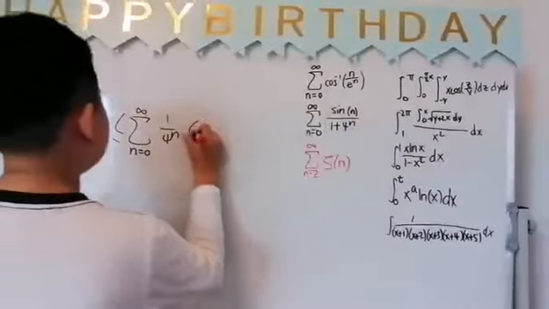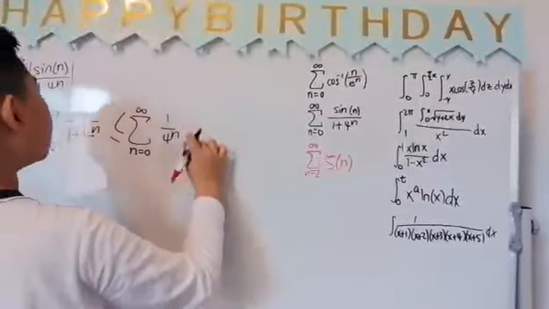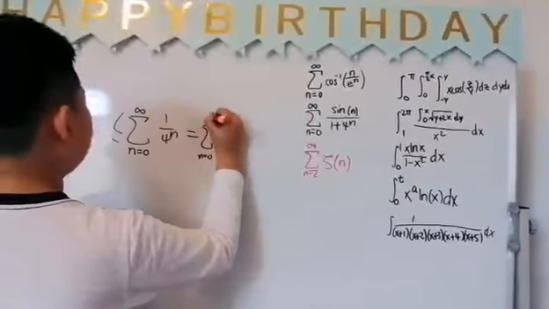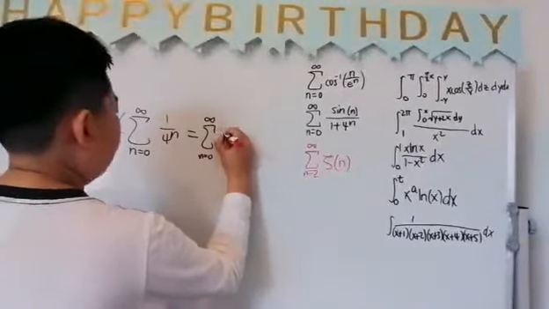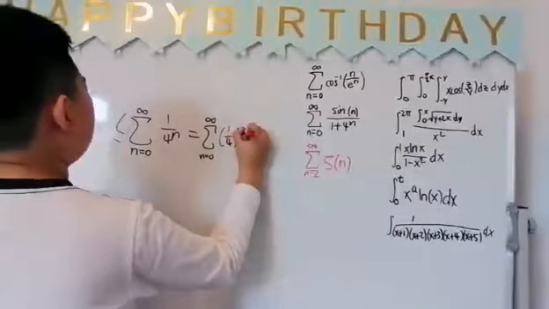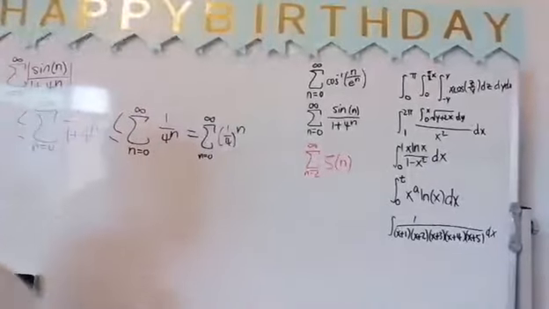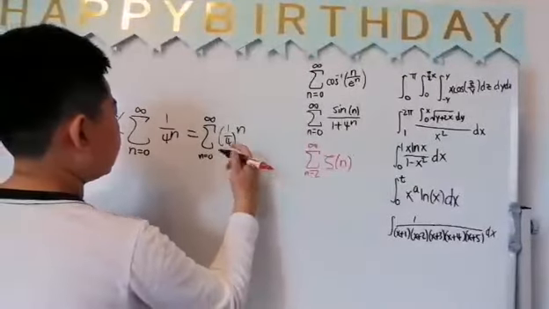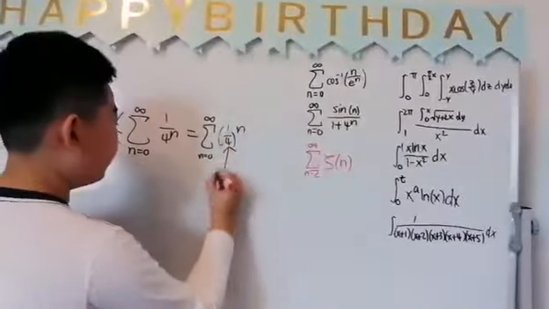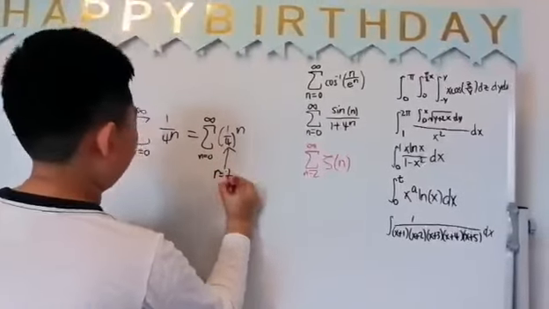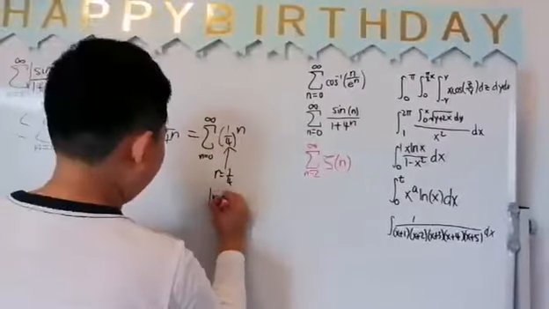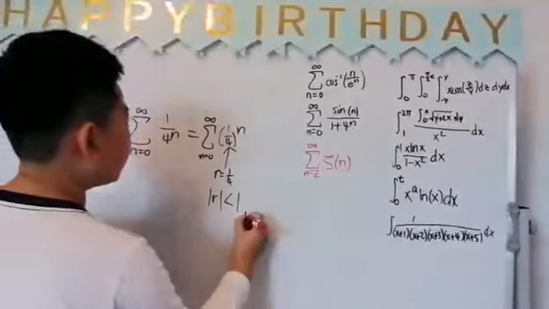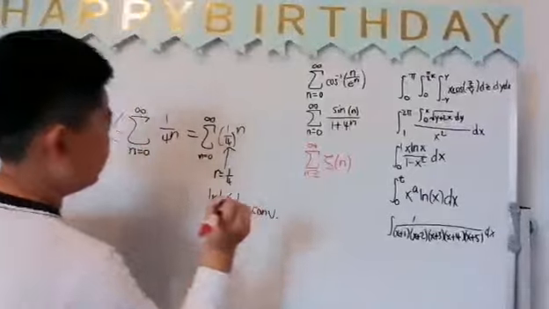Next, this is equal to the sum from n equals 0 to infinity of 1 over 4, all to the nth power. Look at this r value: r is equal to 1 over 4. The absolute value of r is less than 1, meaning that this is convergent.